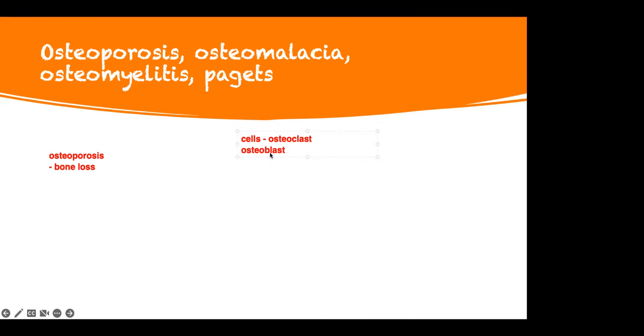Those that break it down cause the bone density to go down. So you want more blast doing its function than clast. In osteoporosis, the clast is taking over, so you're losing bone. You're absorbing bone faster than it's being made, so there's decreased bone density.